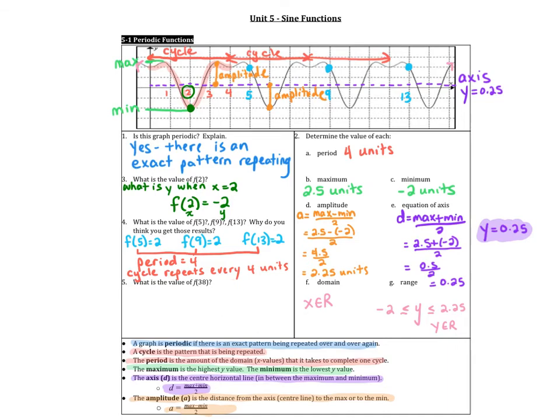So what you can do is say, well, we don't know what f of 38 is, but because the period is 4, we know that it has to be the same as f of 34. Now, f of 34 is also not on the graph. So if you subtract 4, because that's the period, that's the same as f of 30.